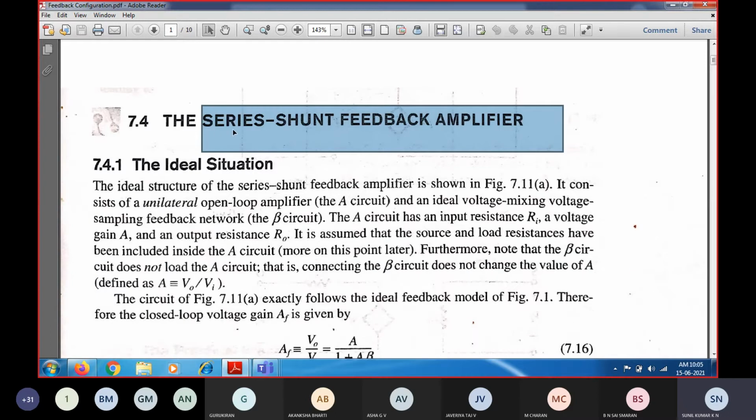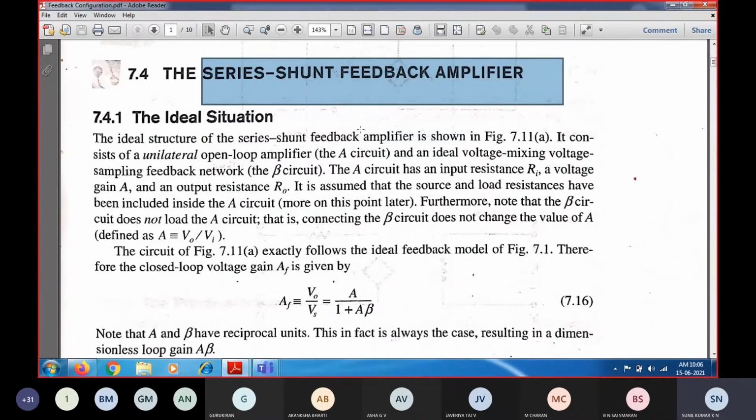For this you have voltage as the input side signal, as well as the output side is also voltage. So sampling of the voltage takes place at the shunt, and mixing of the voltage across the input side is nothing but series. So this configuration is called series shunt feedback amplifier, and for this example we have taken a voltage amplifier. So for this we are going to see first the ideal situation.